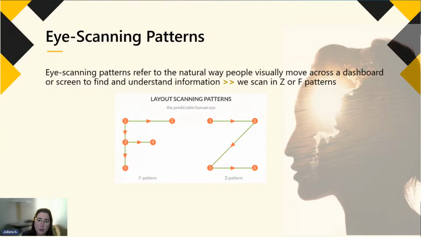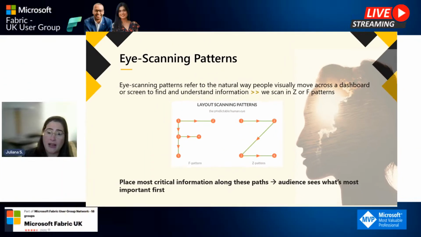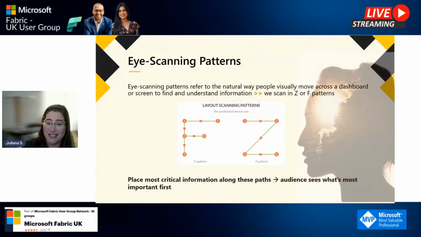If you have an article or a blog post, usually we scan in the F pattern. And we also have the Z pattern, that is often used and is quite powerful in visual hierarchies or dashboards. When we place the most critical information along this path, we help our audience see what is most important first.